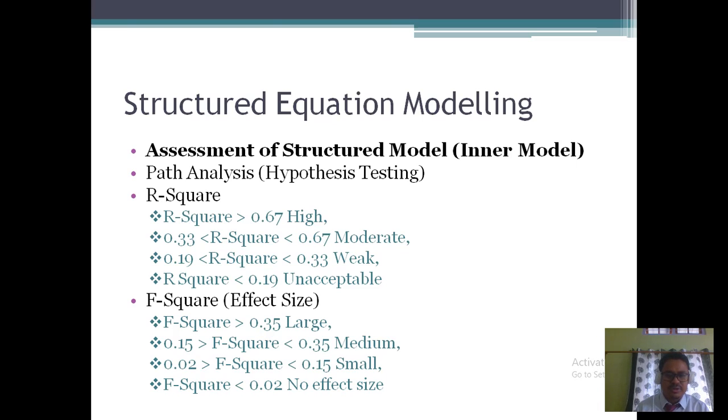As per rule, F square value of 0.35 or higher is large, whereas F square value of 0.15 and less than 0.35 is considered to be medium, whereas F square value of 0.02 to 0.15 is considered to be small, whereas F square value of less than 0.02 indicates that there is no effect size.